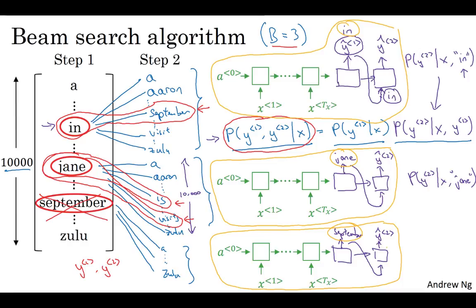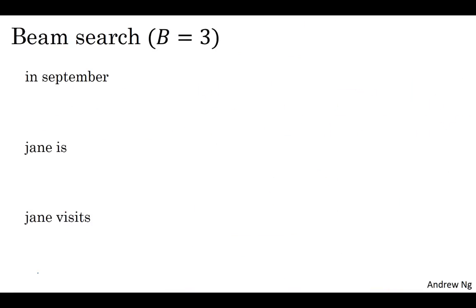But these 3 copies of the network can be very efficiently used to evaluate all 30,000 options for the second word. So just don't instantiate 30,000 copies of the network. You need only 3 copies of the network to very quickly evaluate all 10,000 possible outputs at that softmax output, say, for Y2. Let's just quickly illustrate one more step of beam search.